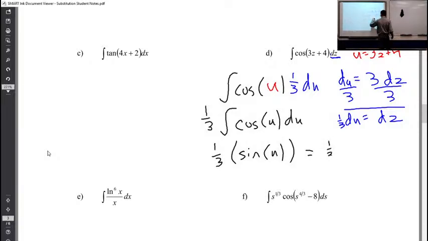So it'll be 1/3 times the sine of u. What was u? It was 3z plus 4. Plus c. Questions on that?